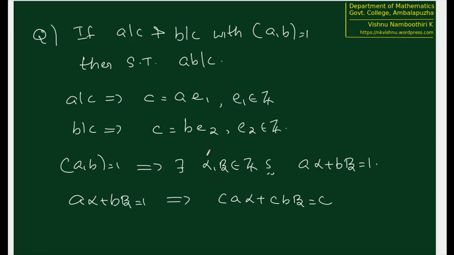So we will substitute B E2 here and A E1 there for C. Therefore, sorry, exactly the opposite of what we wanted: B E2 A alpha plus A E1 B beta equals C. Now AB is here, AB is here also.